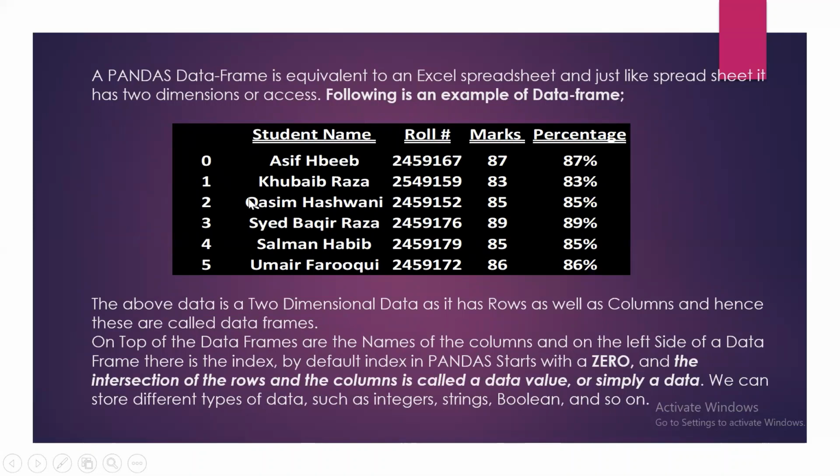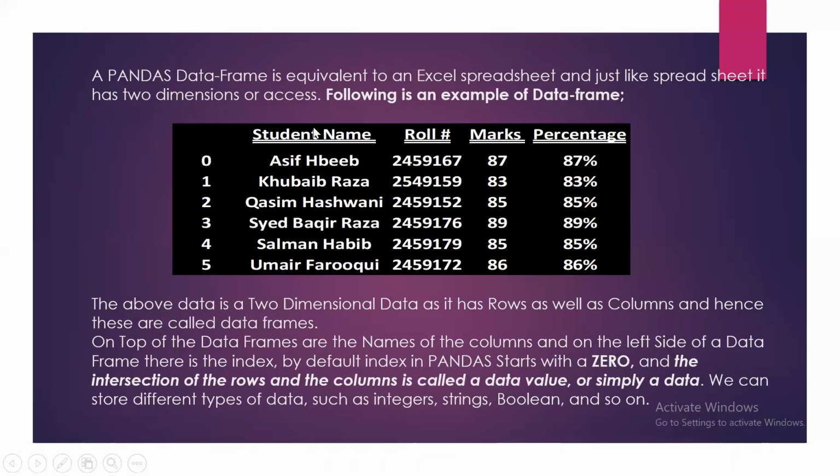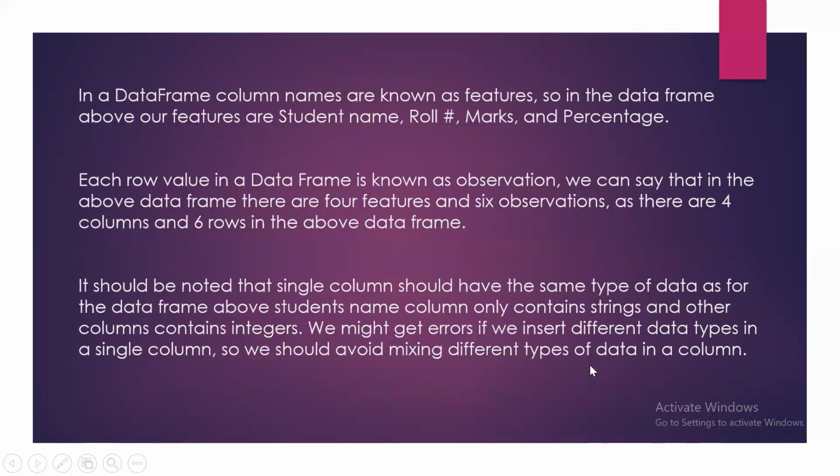So we should make sure that the data type of a single column is the same for all observations. In the first feature, all the 6 observations should have the same data type, which should be string. In the next column, all the 6 observations should have the same data type, which is integer, and so on. So this is discussed here.